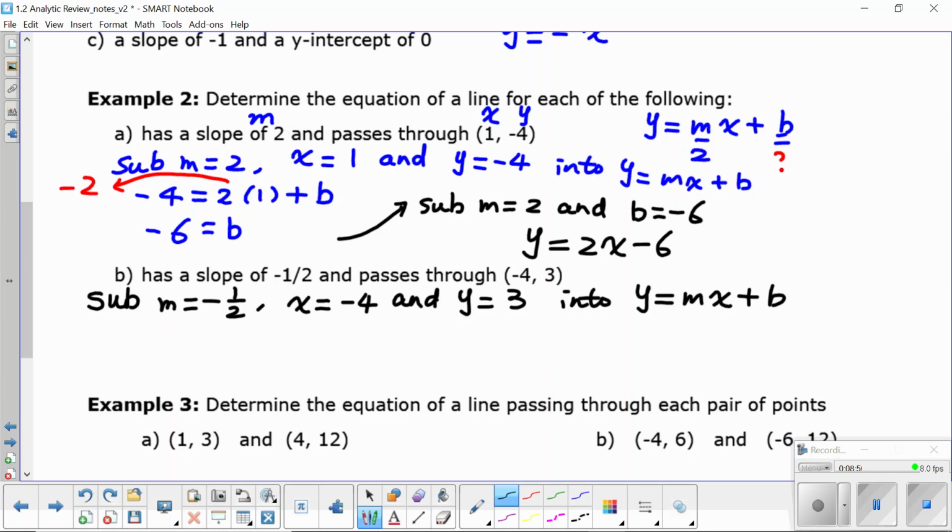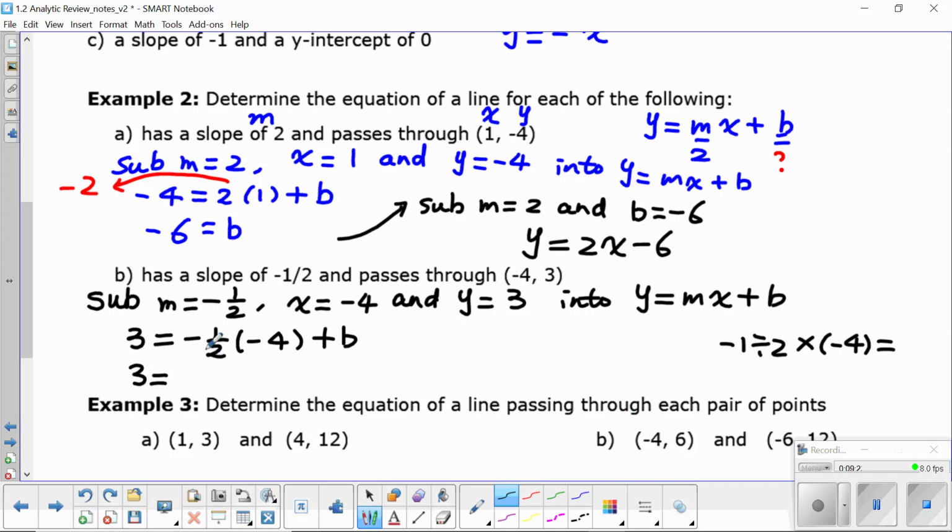So y is 3, slope is negative 1 over 2, x is negative 4, then plus b. So we use the calculator, do the calculation, negative 1 over 2, it means negative 1 divided by 2, then times bracket negative 4, equals.